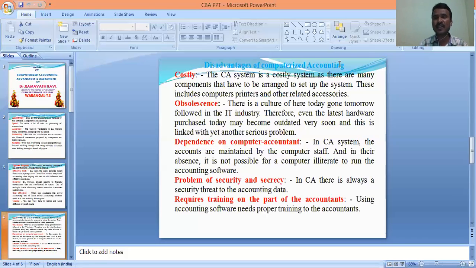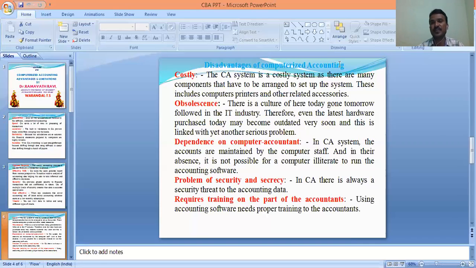If Y is not attending, X will complete the remaining duties in the absence of Y. Because in computerized accounting, accounts are maintained by the computer staff, and in their absence it is not possible for a computer illiterate person to run the accounting software. We already gave this example previously.